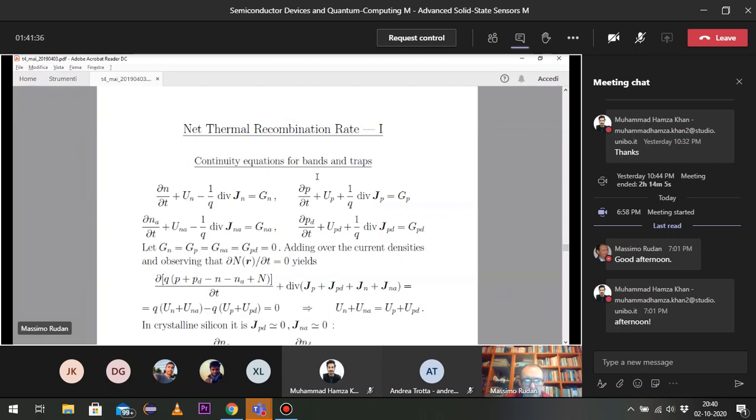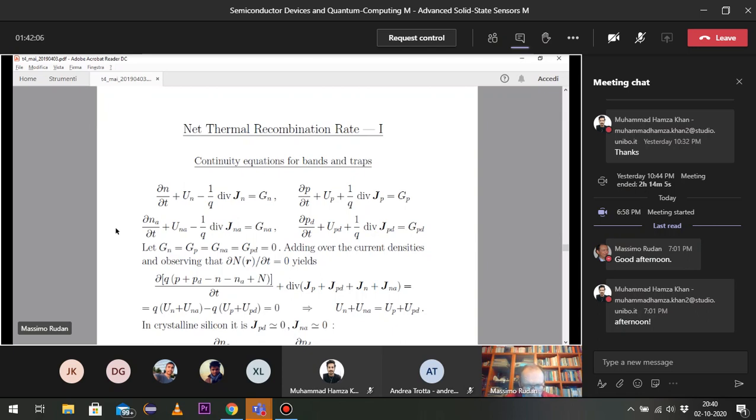So on the second line to the left, you see the continuity equation for the electrons of the acceptor type. So the population is called N sub A. The current density is called Jn sub A. The generation term is Gn sub A, and the thermal recombination term is Un sub A, okay?